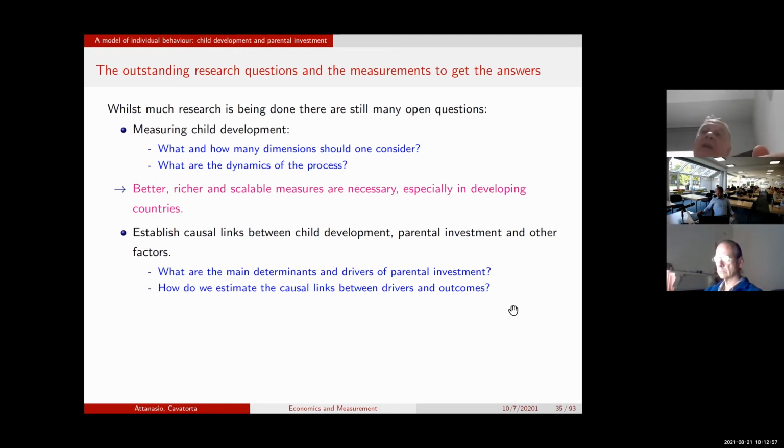And this is what I was saying, if you want to establish the causal link between parental investment and child development, then you might want to have enough information on the drivers of parental investment and stuff on the conflict. So it was an example of that.